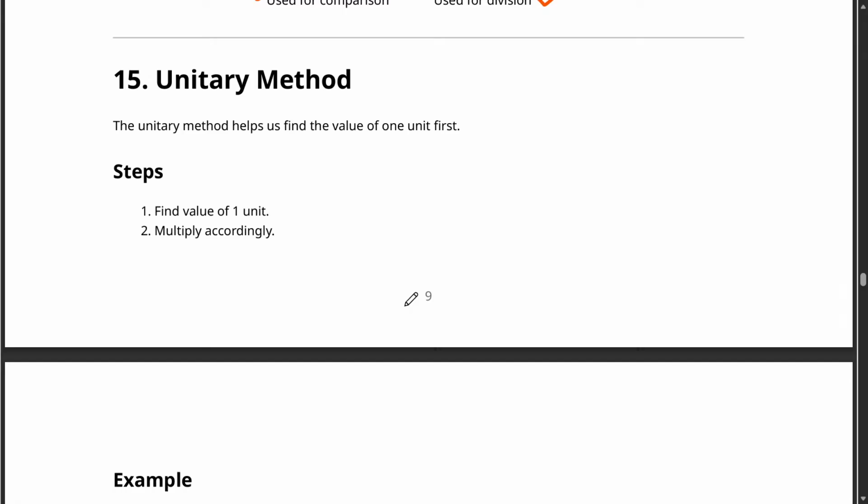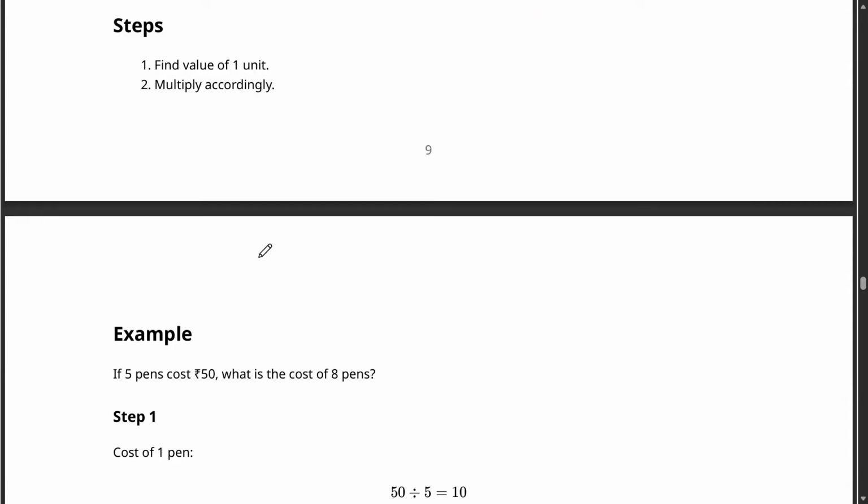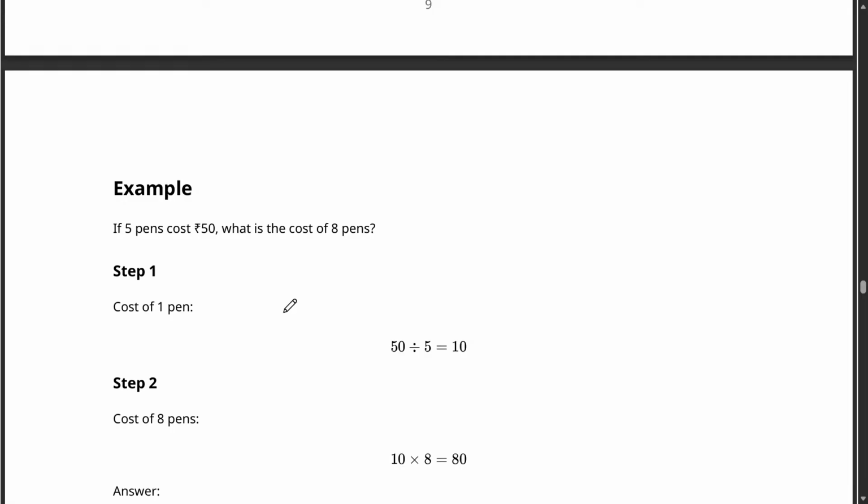Unitary method. This is a very important method. The unitary method helps us find the value of one unit, then multiply accordingly. Example: if 5 pens cost 50 rupees, what is the cost of 8 pens?